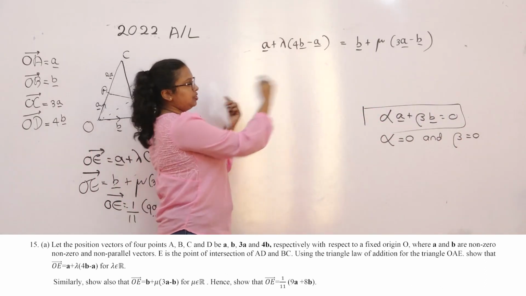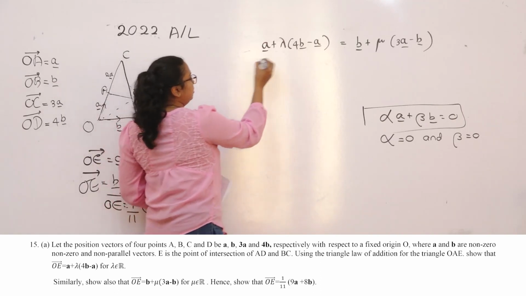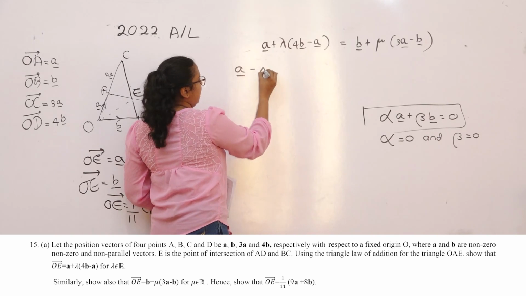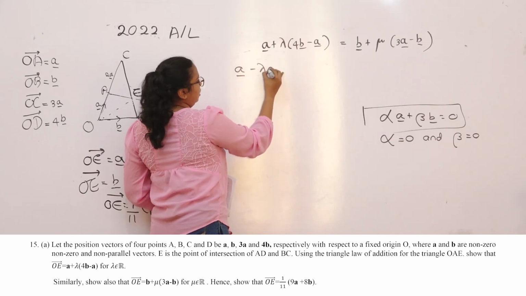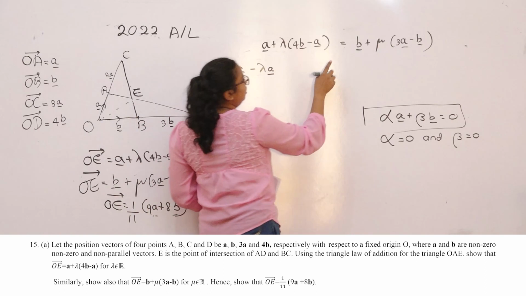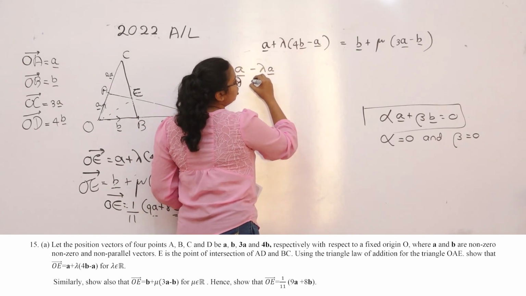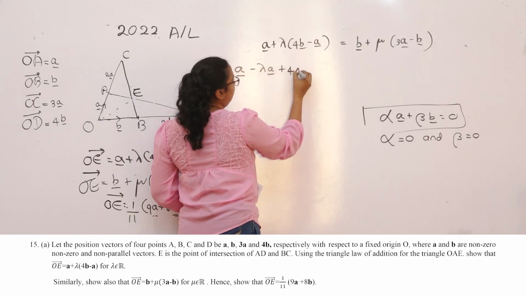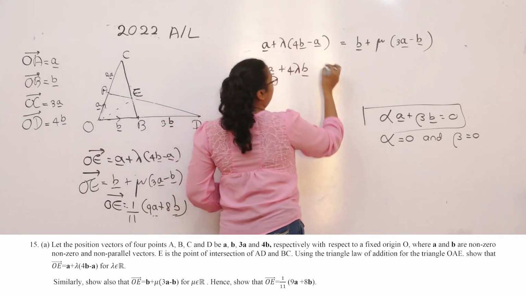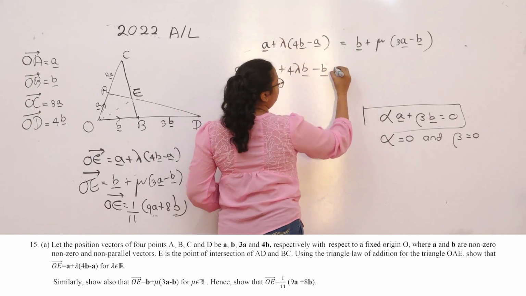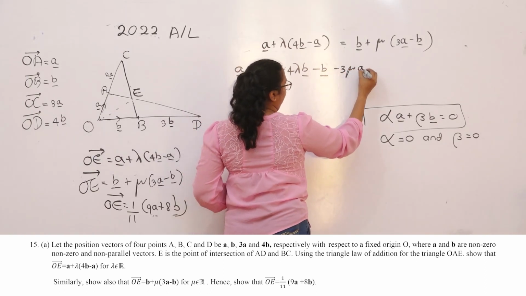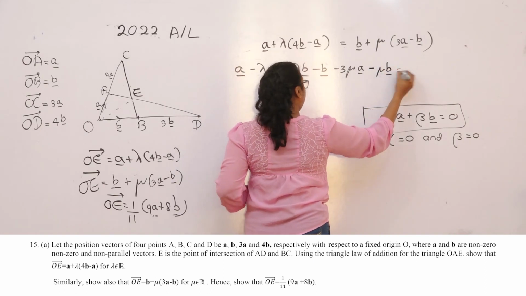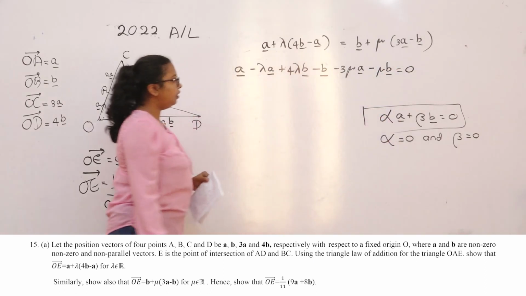I am going to take all the things to this side, right? Here we have A, and here we have minus lambda A, and here 4 lambda B, minus B, minus 3 mu A and minus mu B equals 0, right?